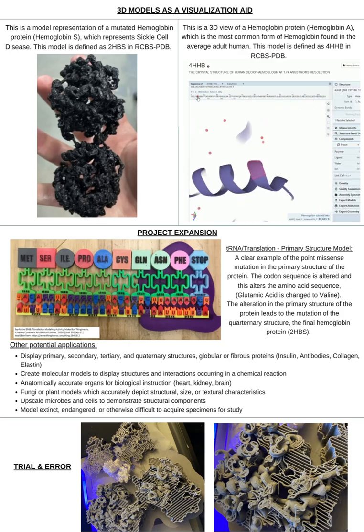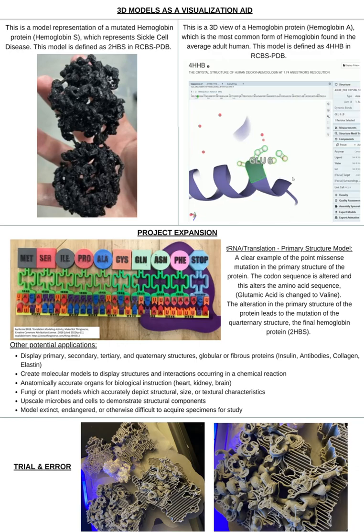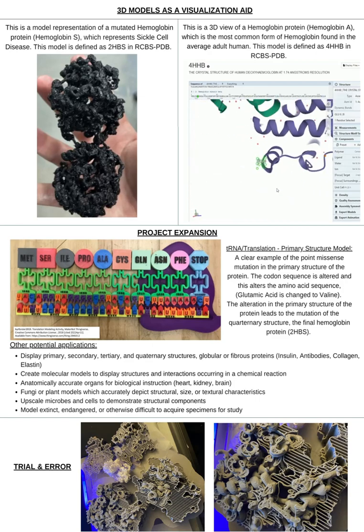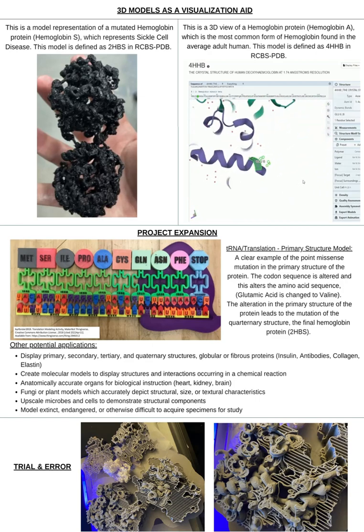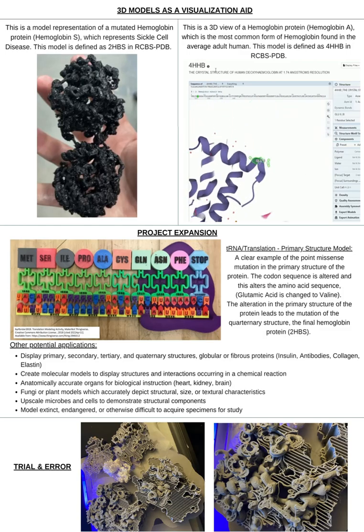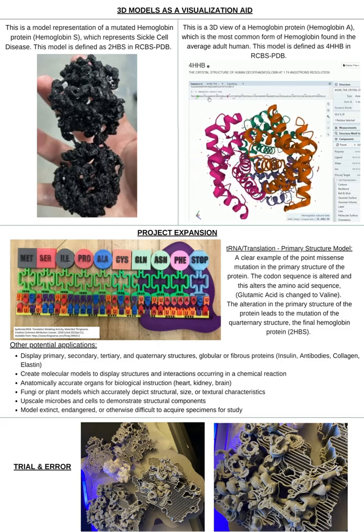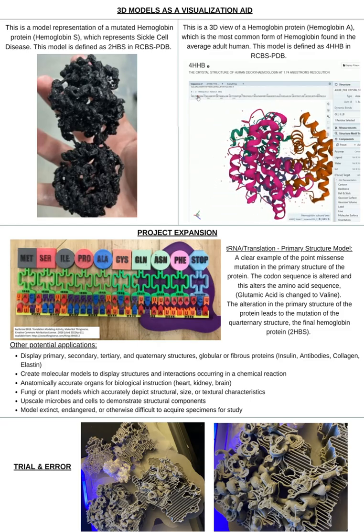Fungi and plant models can be made to accurately depict differences in structure, size, or texture. Models could also be created to upscale microbes and cells to demonstrate structural components. 3D printing could also be used to create models of extinct, endangered, or otherwise difficult to acquire specimens for study.